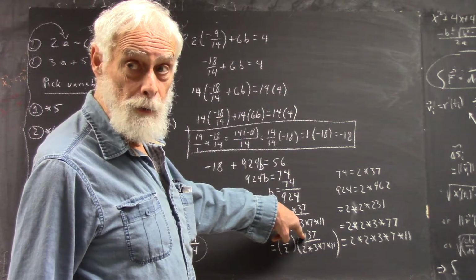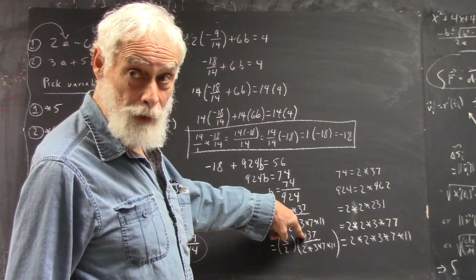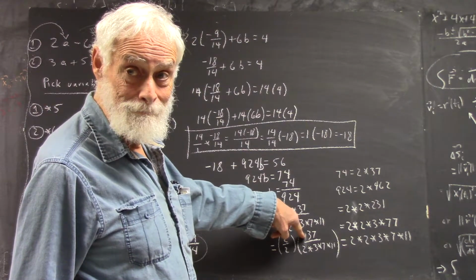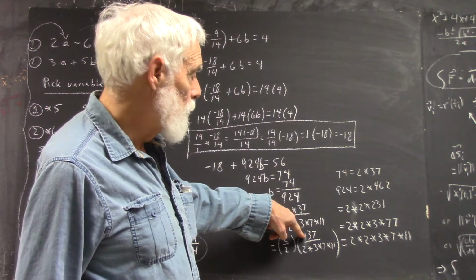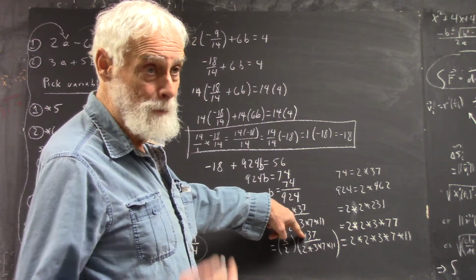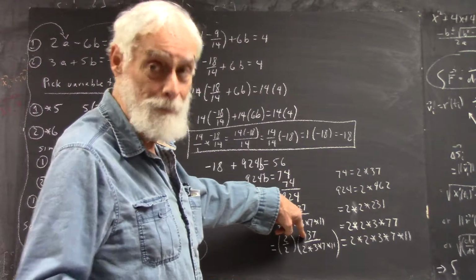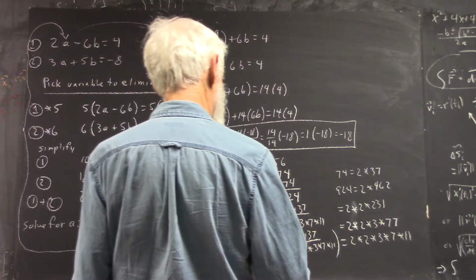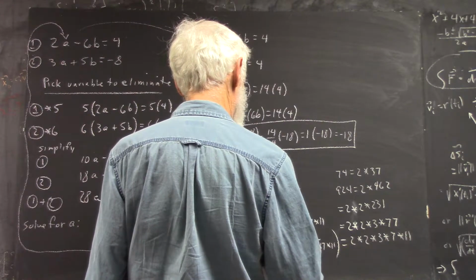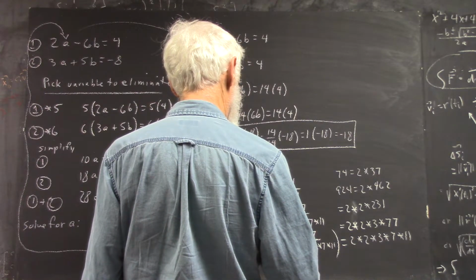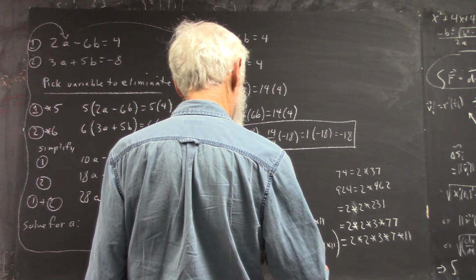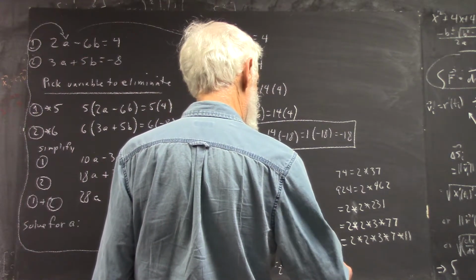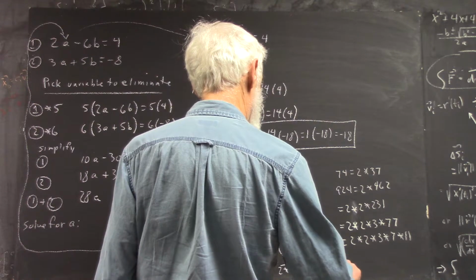Because no other number divides 37. 3 doesn't divide it. 5 doesn't divide it. And if 7 was going to divide it, it would give you something less than 7. You would have already found it. So that's 37. Multiply that back out, you're going to get 462.